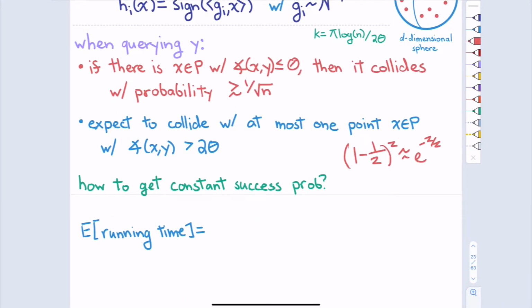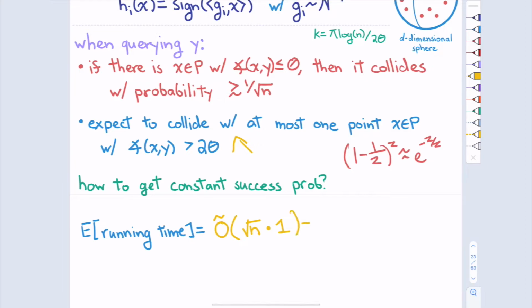So if we repeat it square root n times, or square root n log n, we will find a near neighbor if it exists with high probability. Okay? So if I repeat square root n log n times, what's roughly my running time? I won't emphasize logs, I'll hide it under the tilde. But we repeat square root n times, and roughly each time, okay, I might look at one useless point until I find my nearest neighbor.